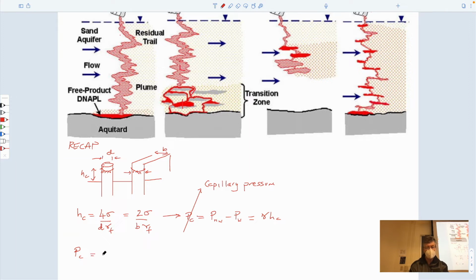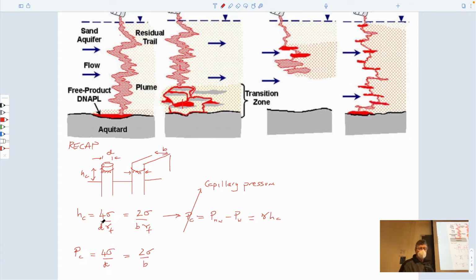So the capillary pressures would be 4 times interfacial tension divided by the diameter. And for this other geometry, whoops, it would be 2 times the interfacial tension divided by the aperture.